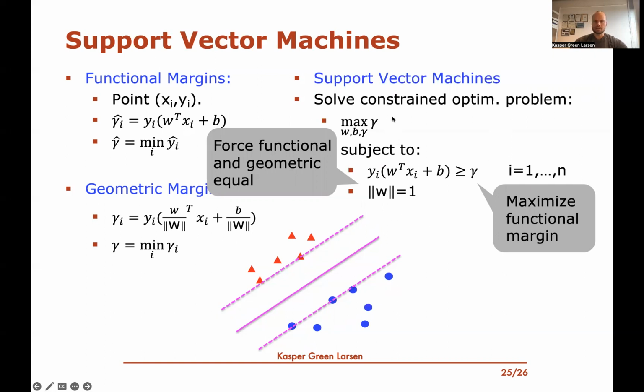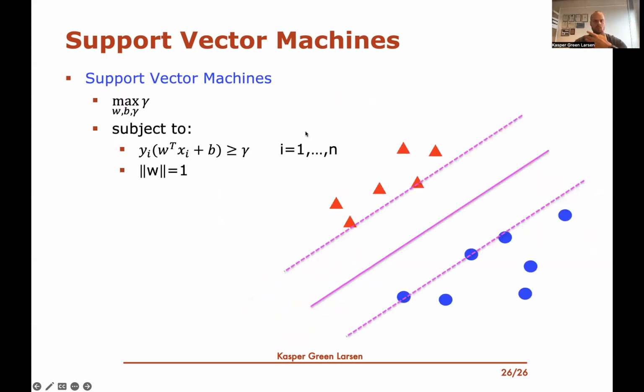If we solve this optimization problem, we are maximizing the smallest geometric margin, the smallest distance to the hyperplane. With the sign included, you also have to put the points on the correct side of the hyperplane, so yi times this prediction has to be positive. They have to have the same sign. So this is the support vector machine formulation in its simplest version.